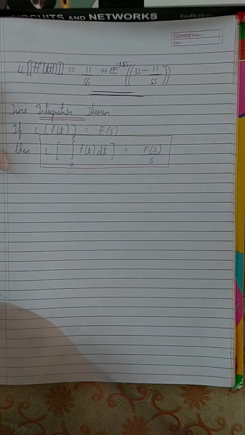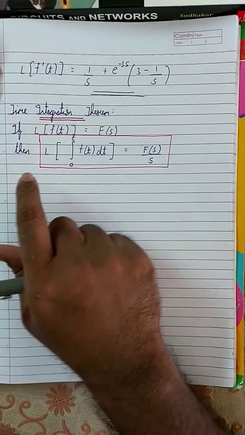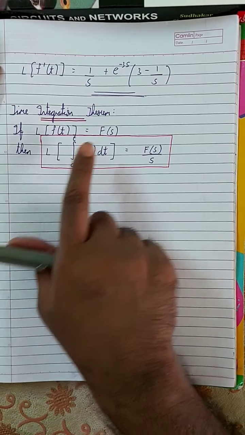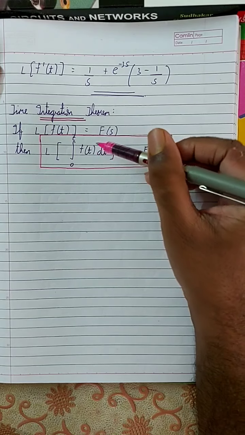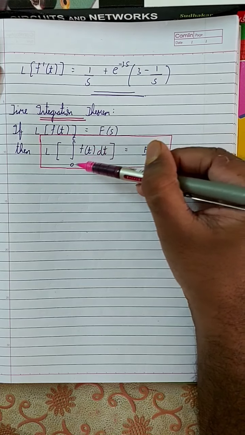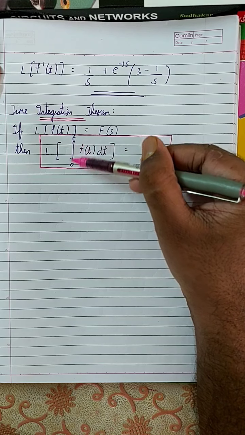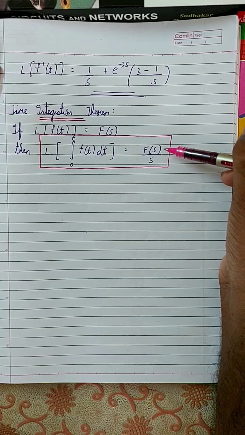This is the time integration property. Here, if the Laplace transform of f of t is equal to F of s, then the Laplace transform of the integral from 0 to t of f of t, you should see that f of t is being integrated from 0 to t, time t, not from 0 to infinity, is nothing but simply dividing your F of s by s.